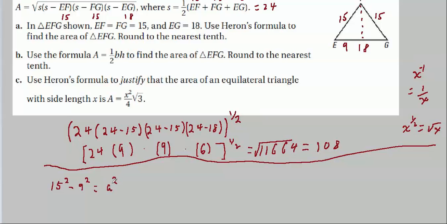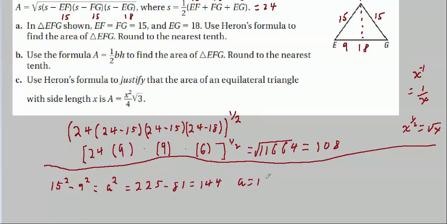Let's see here. That's 225 minus 81. Well, I get that a squared is 144, so we must have that a equals 12.